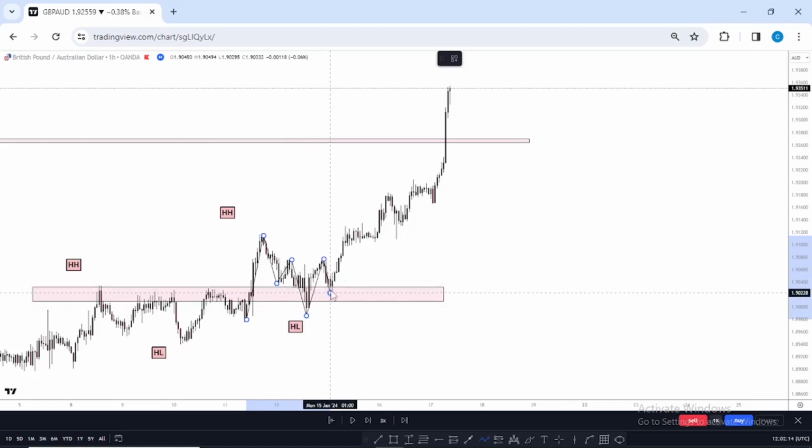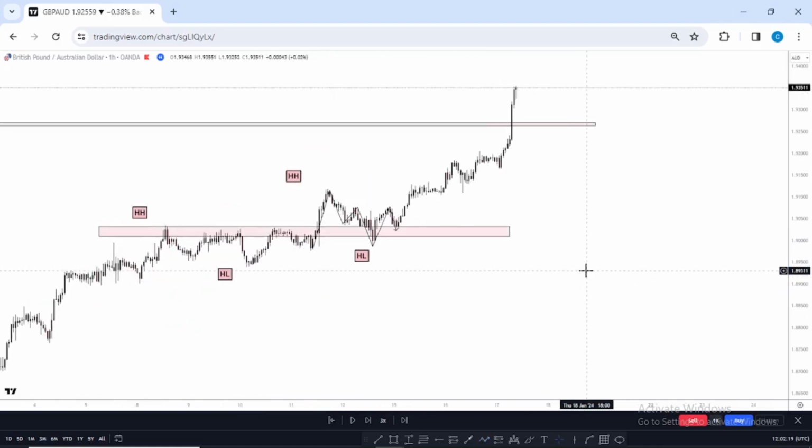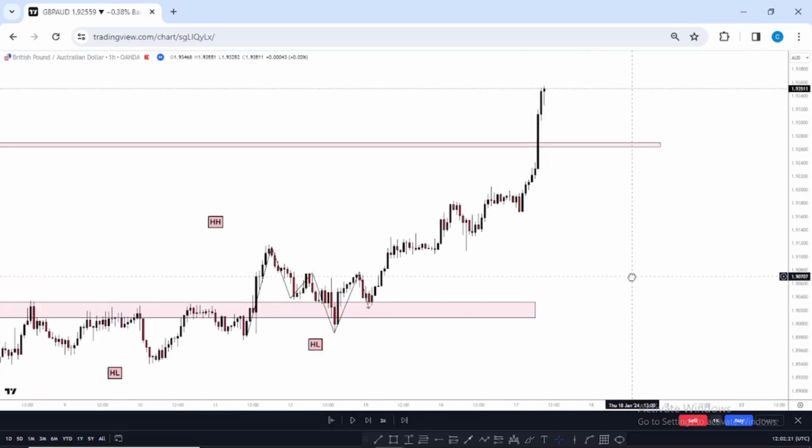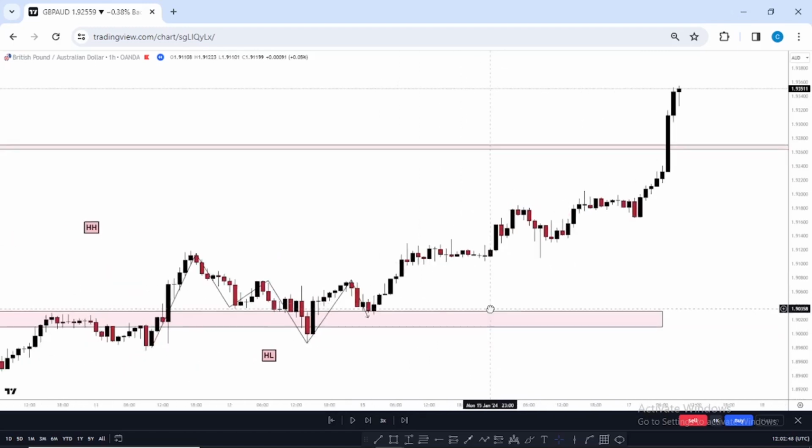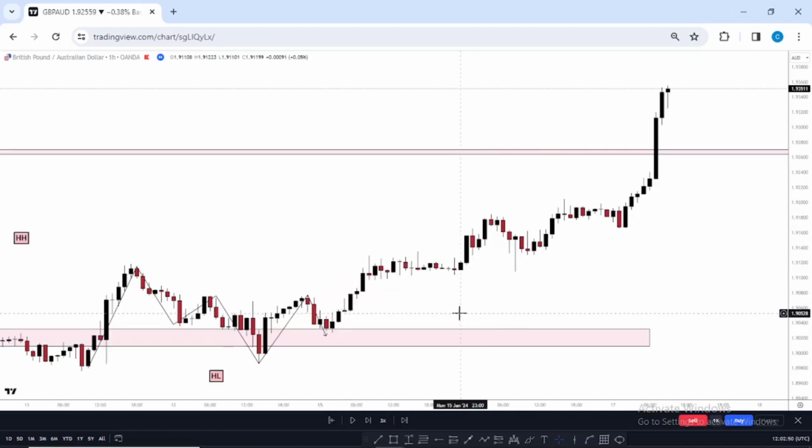So after price tapped in, after we got our retest on our key level, what did price do next? Or what were we looking for next? We were looking for a confirmation candlestick to tell us that price is going to go to the upside. So the candlestick confirmation that I had was these two bullish candlesticks.